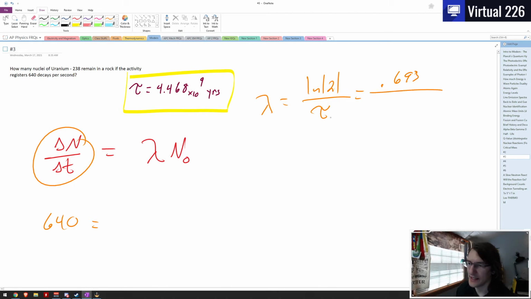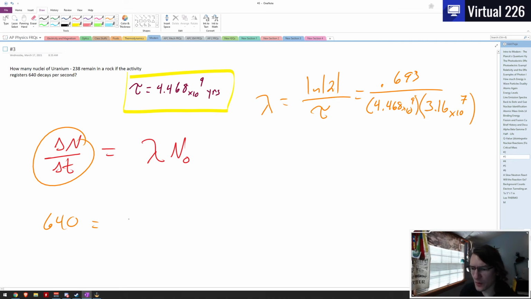And then we divide that by our tau, and we actually need to put this in terms of seconds here, which is a little weird. So we're going to get 4.468 times 10 to the ninth years. And then if you want to know how many seconds are in a year, it's about pi times 10 to the 7th. It's 3.16, so about pi, times 10 to the 7th seconds per year. So we're going to get a nice value of lambda out of this.